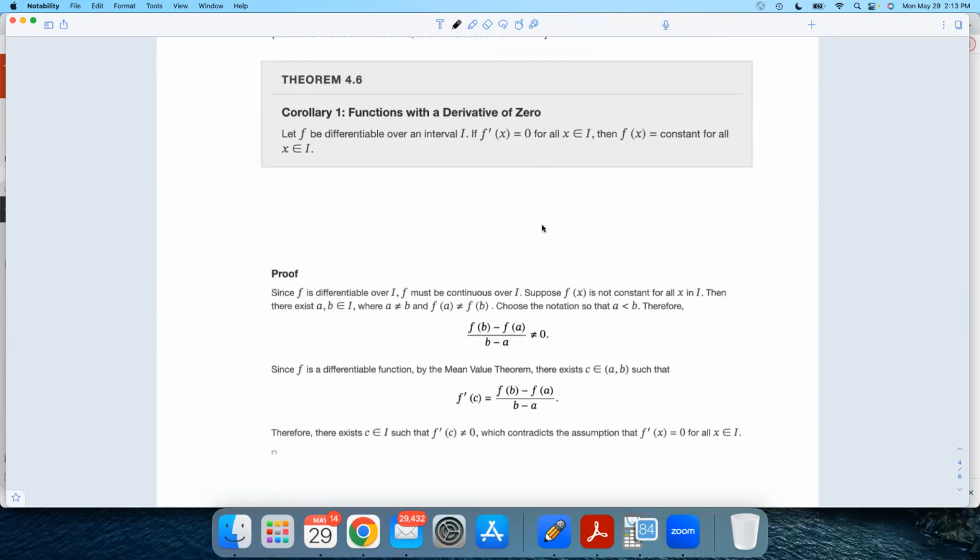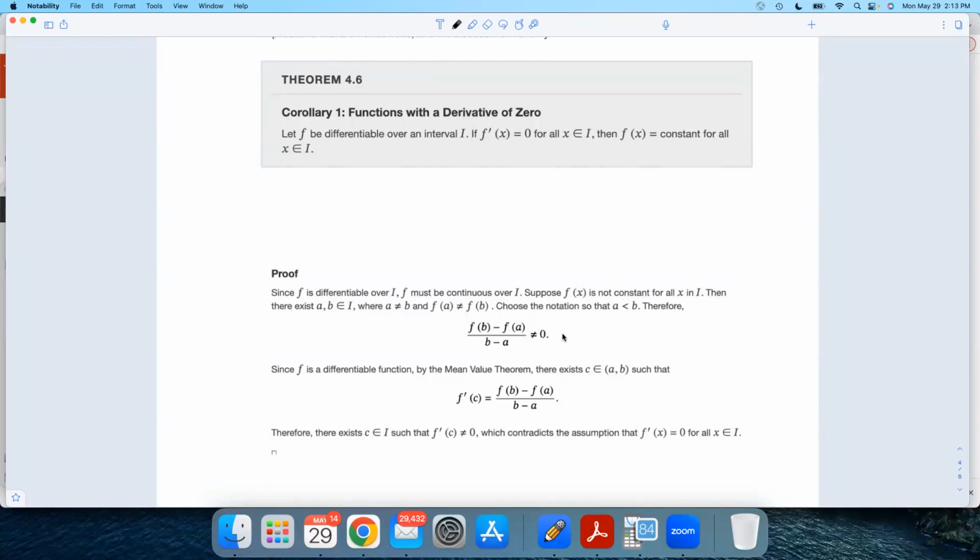Okay, and here's the proof. We do it by contradiction. You can read through the details if you want. But the proof is, suppose it's not constant. Suppose that the average rate of change is not zero, so your starting and ending points are different.